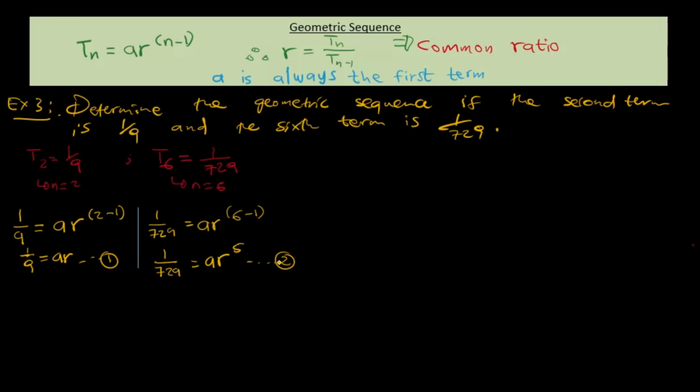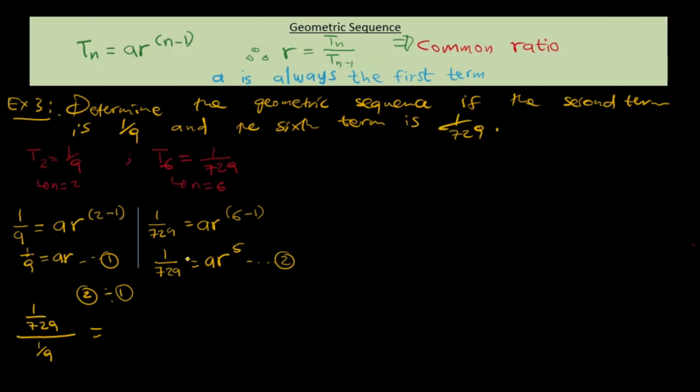So equation 2, 1 over 729, divided by equation 1, 1 over 9.